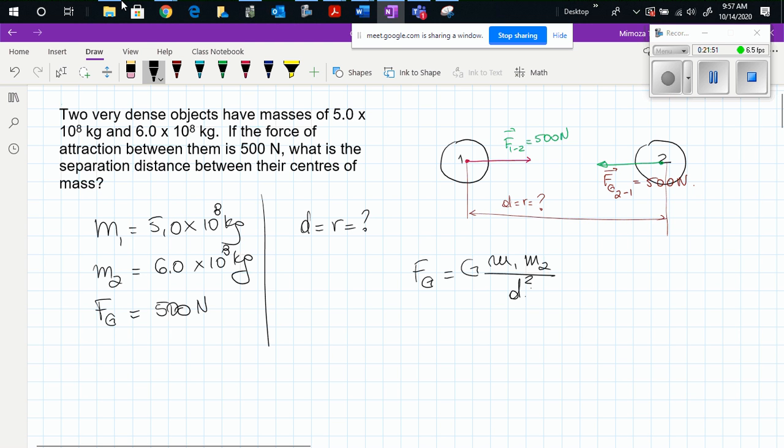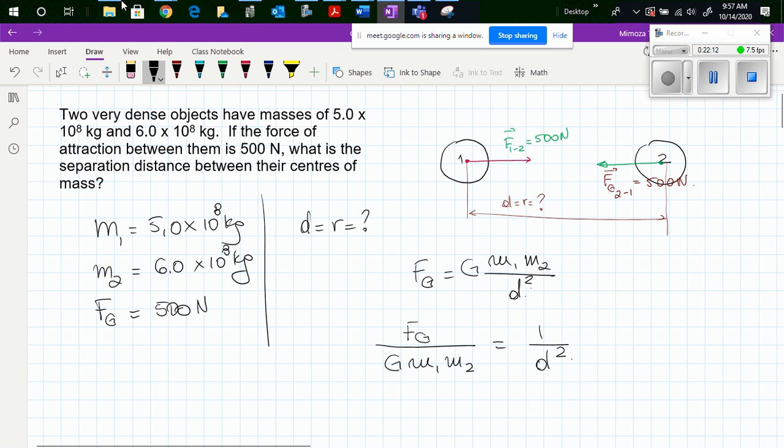In this case, I will divide both sides by G, M1, M2. So force of gravity over G M1 M2 is equal to 1 over D squared.